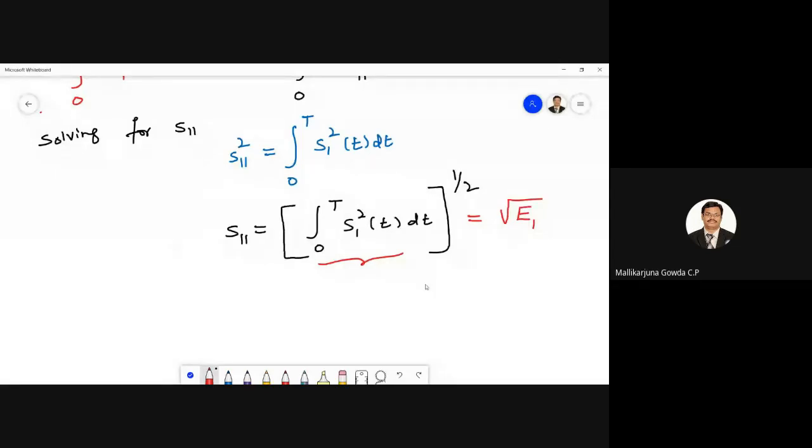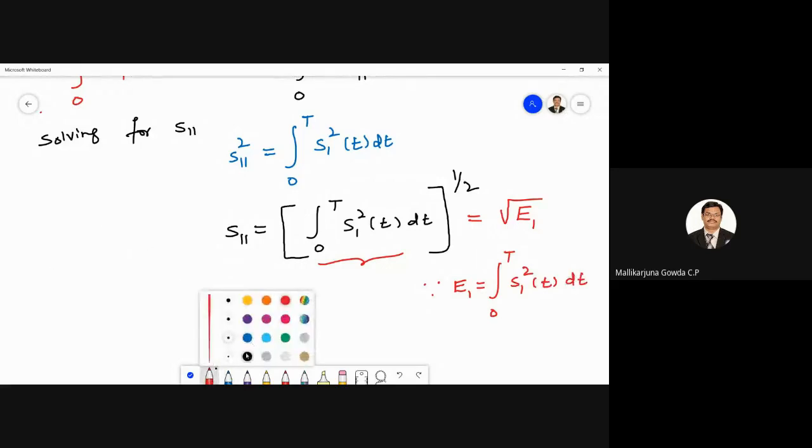Because E1 is equal to integral 0 to T of S1 square of t dt. Is that fine? So with that I can say pi 1 of t. What is pi 1 of t?